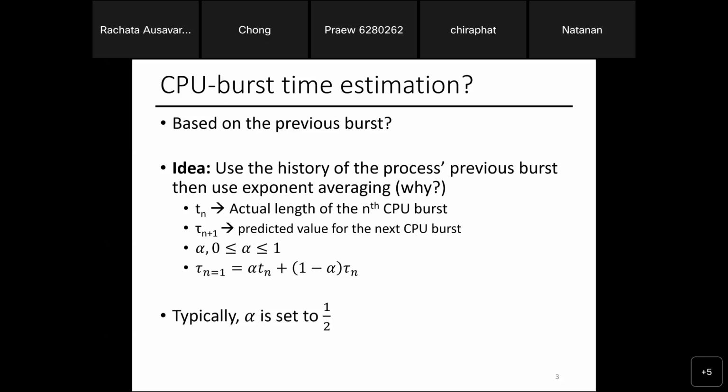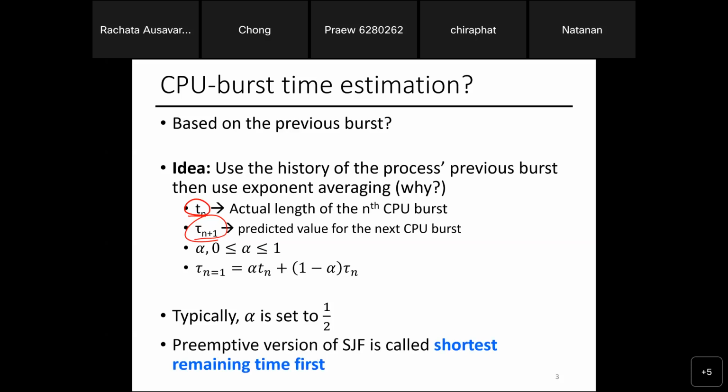Basically, t is the actual length, tau is the predicted length. So here's my prediction. My prediction is going to be based on the alpha value of the last time I actually ran, right? And then I use the exponential average that keeps going down and down the longer I run.